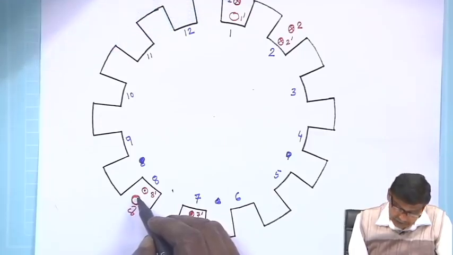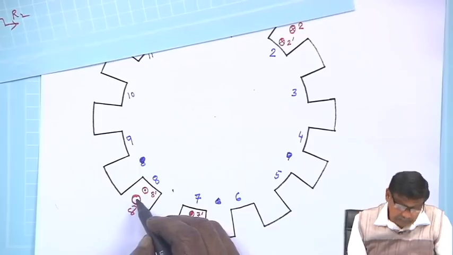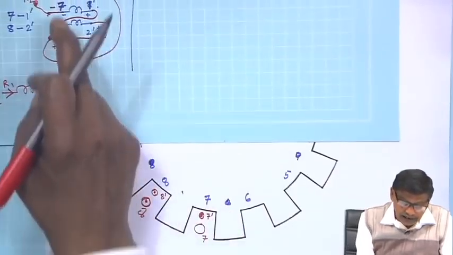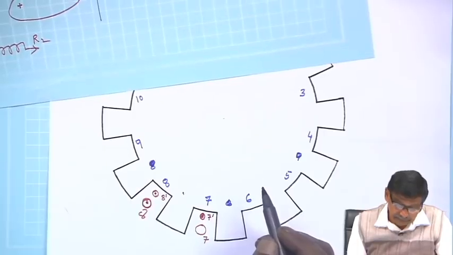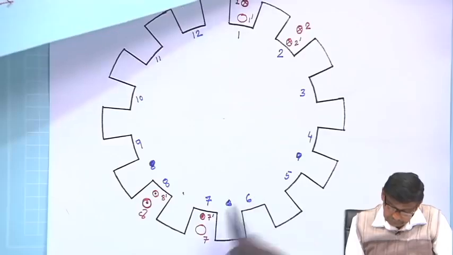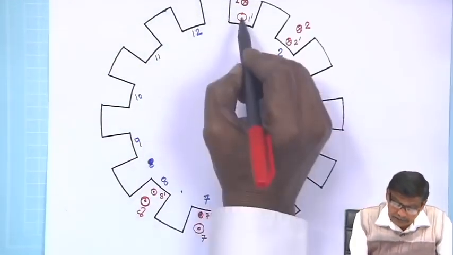Because through 8 and 7 current is entering. This will be the current pattern, and this will be cross.